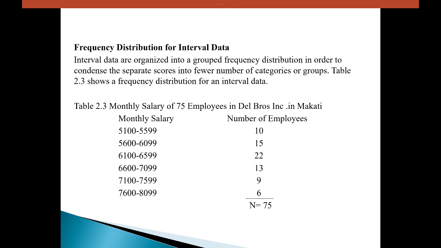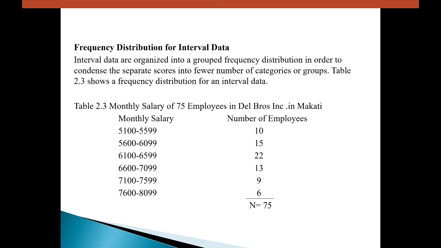Okay, and so on. You need to see that the class interval is increasing. Okay, so 5,600 to 6,099. So if you actually compute it, what is your class width? How do you determine the class width? First, you can subtract the upper and lower limit, right? In a class interval, there are 2.